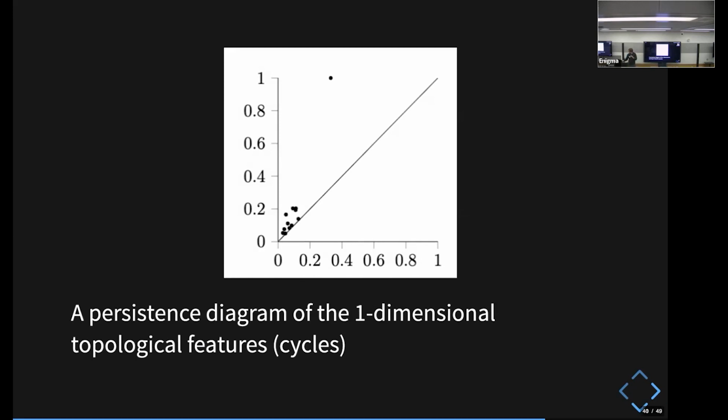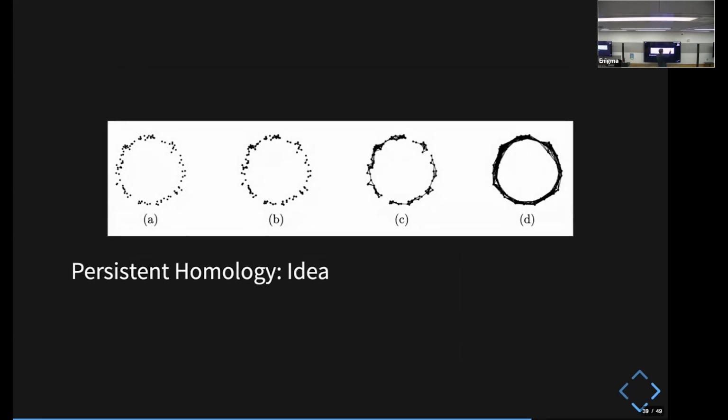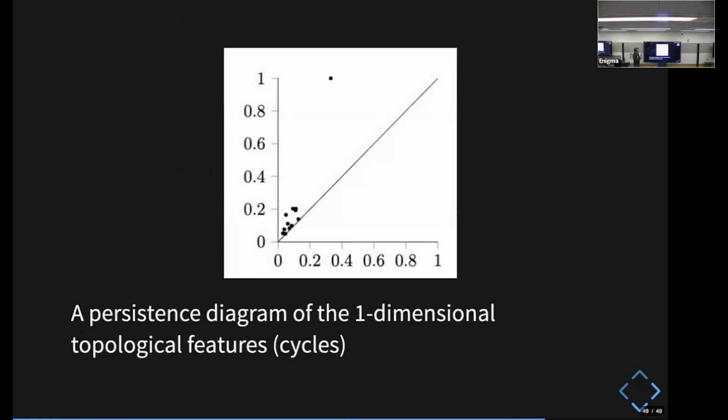So in the picture above, once you make the epsilon large enough that every point in this circle is connected, everything is connected with everything because everything is in an epsilon neighborhood of each other. You would say, okay, this epsilon is so large, there's nothing to find anymore. And you destroy this circle because it's not a circle anymore at that point. It's really just a massive graph.